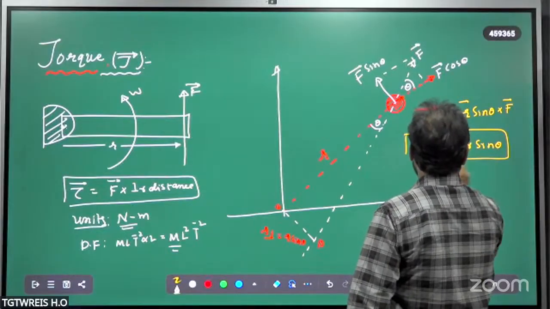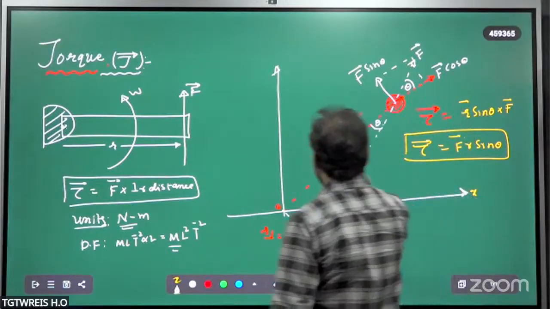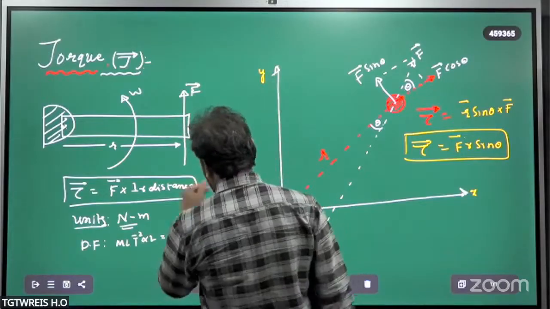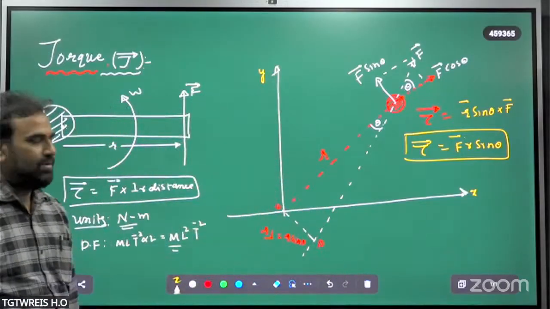Torque is a vector quantity, and it has the dimensional form M L square T power of minus 2.